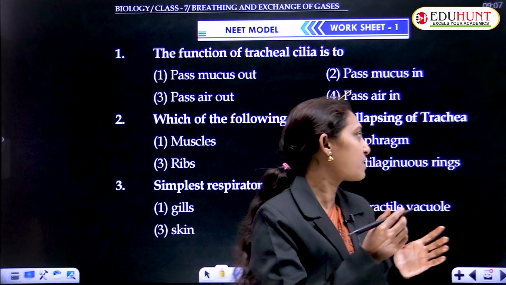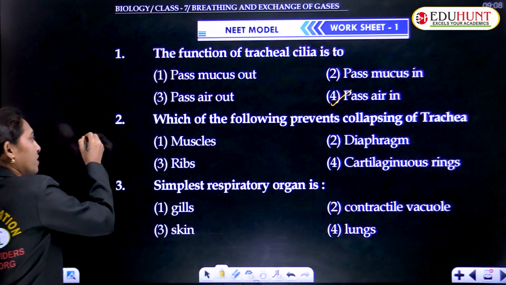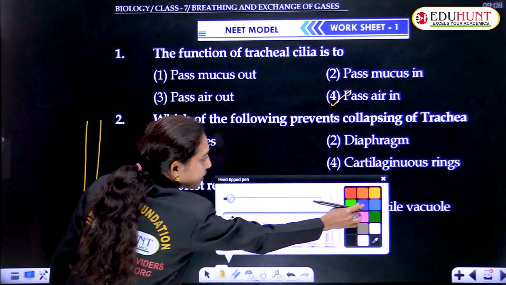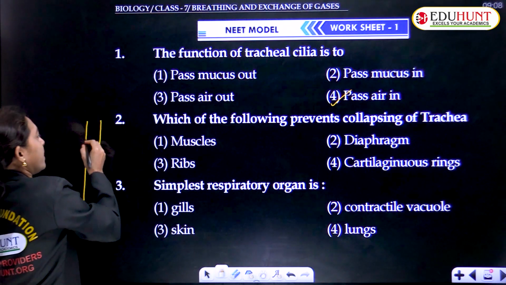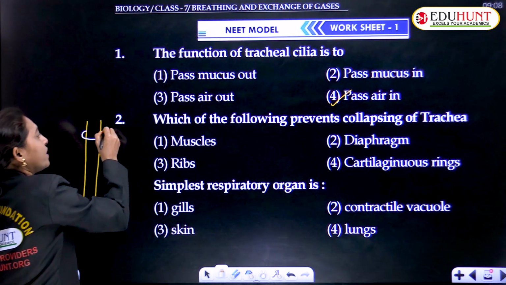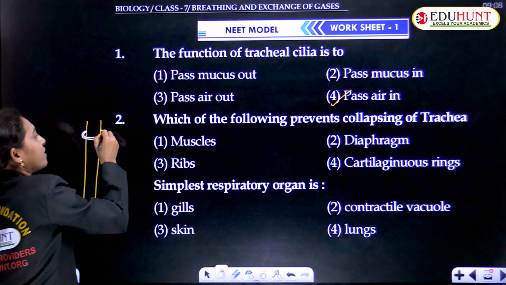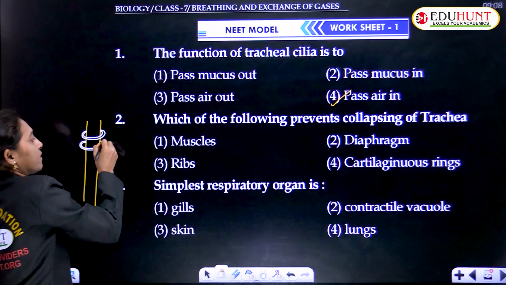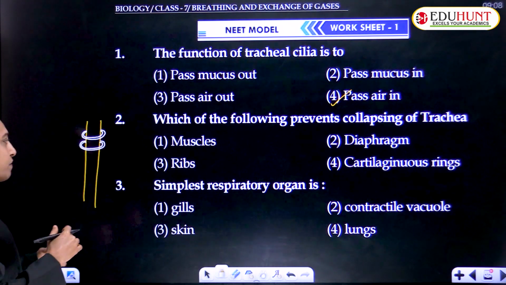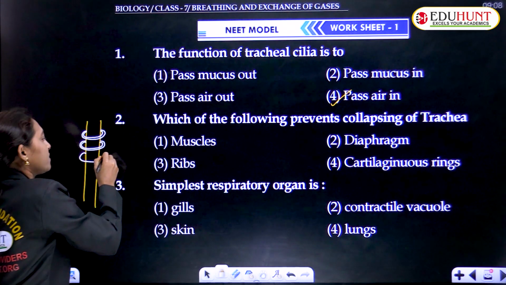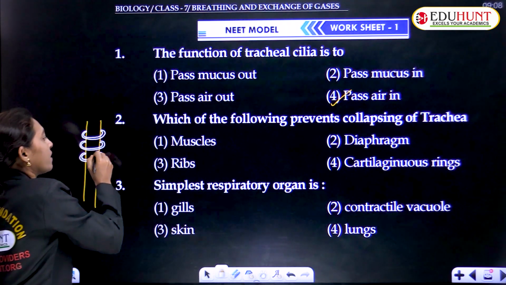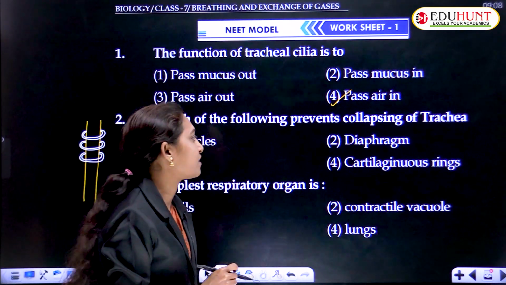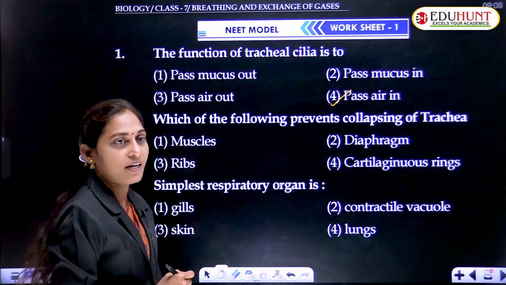The rings are C-shaped rings that surround the trachea and prevent the collapse. These rings are known as rings of cartilage. Tracheal rings antamu, rings of cartilage ani antamu.